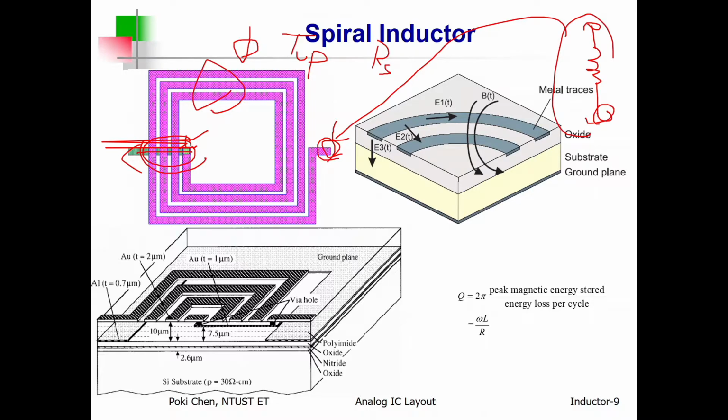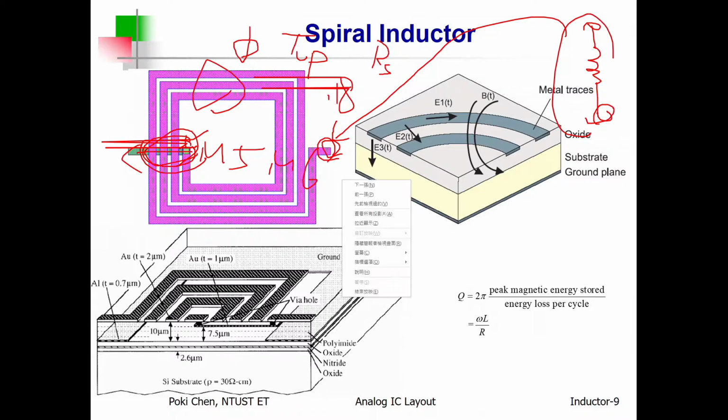It needs the help of the metal layer next to the top. For example, in 0.18 micron, the top is M6. So how about the underpass? Usually M5. That's it.